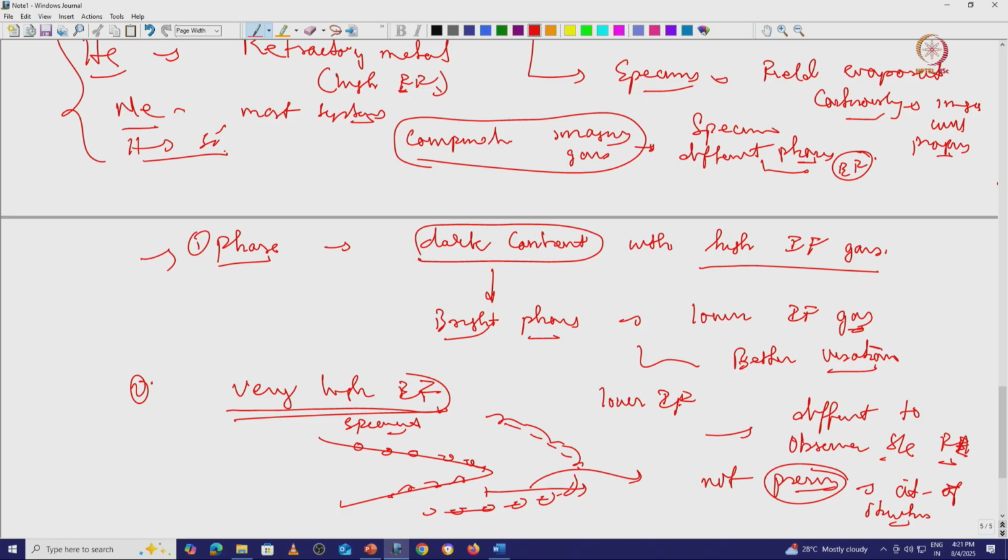Okay. If you have a very high evaporation field with respect to a low ionization field imaging gas, this is another problem which we usually face.